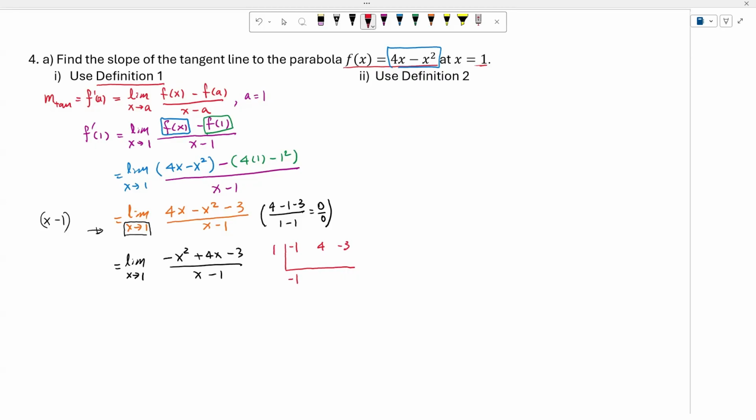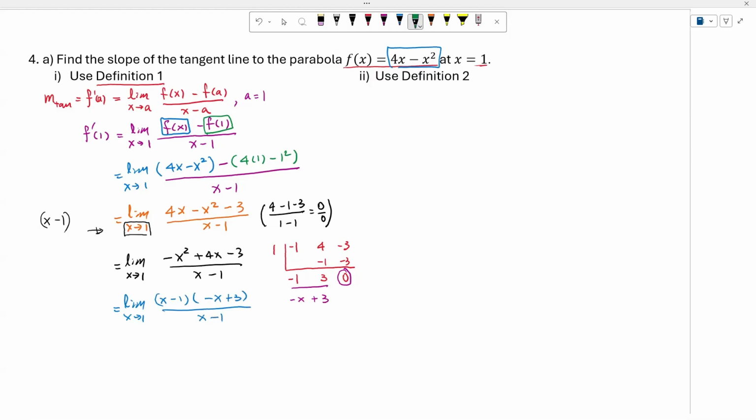Then I bring down the negative 1. Then I have negative 1. This is 3. And then I have, okay, well, this is what we are looking for: the remainder equal to 0. So in this case, I will have negative x plus 3. Okay. So it's telling me that I will be able to factor it as x minus 1 times negative x plus 3.